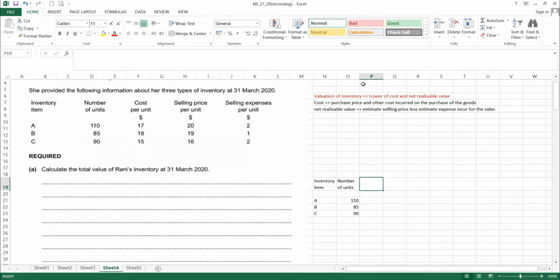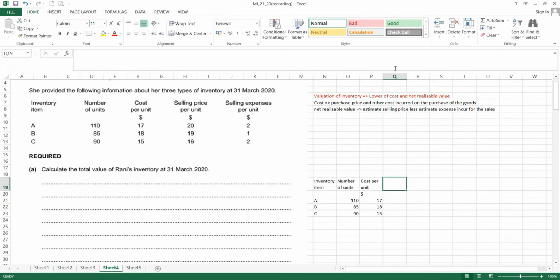Okay, cost per unit. Here they don't have any additional costs for the purchase of the goods, so just put it down first. Later on we check: 17, 18, and then 15. No additional cost. But come to the selling price and the selling expenses.